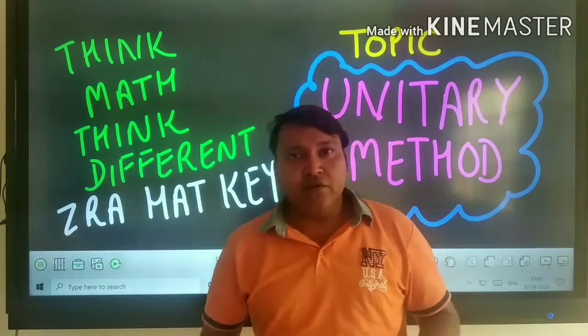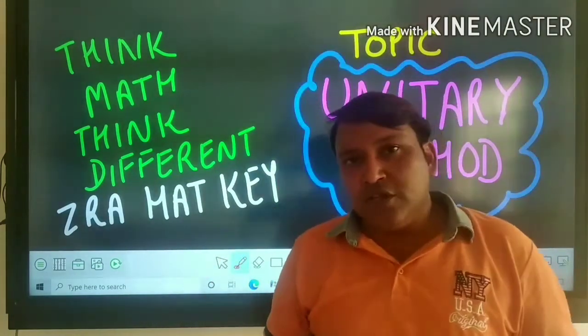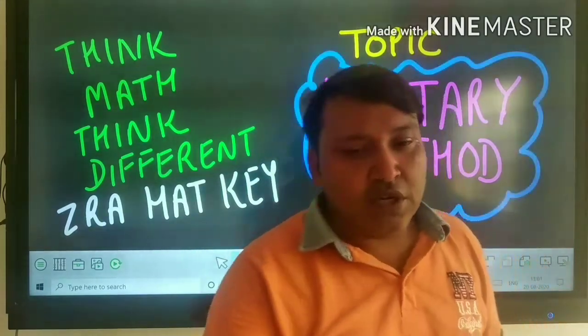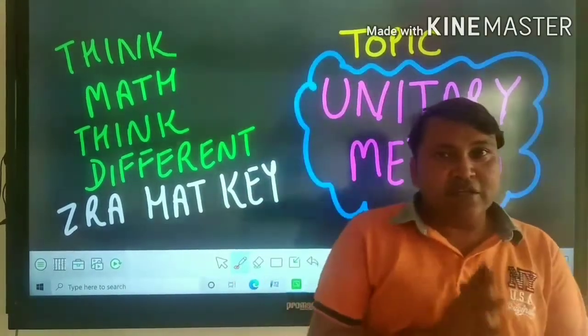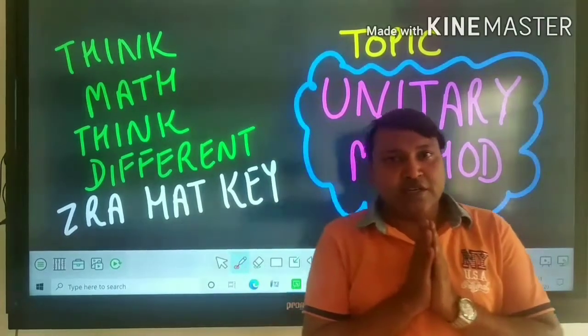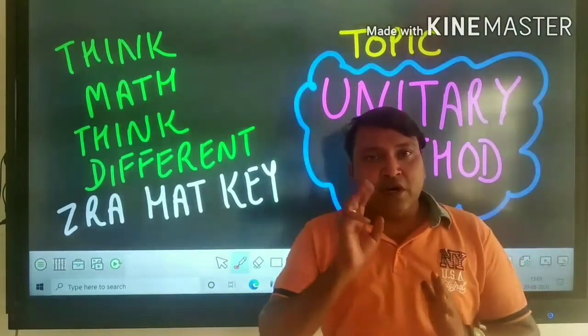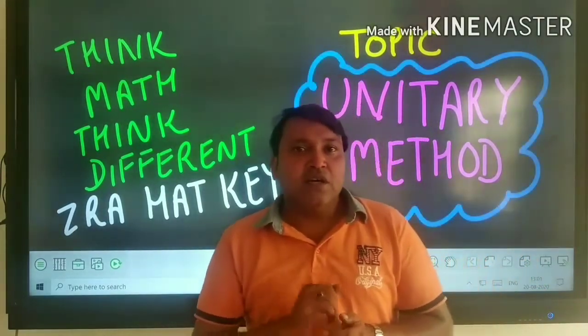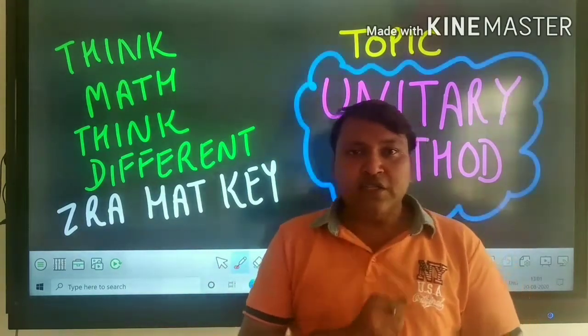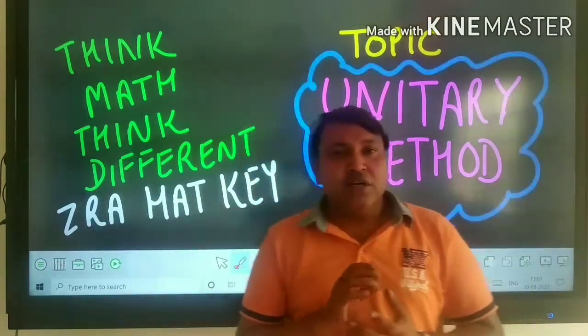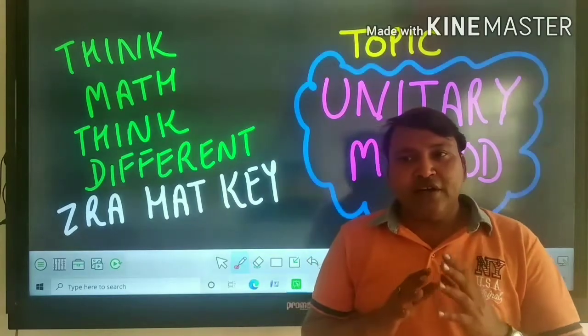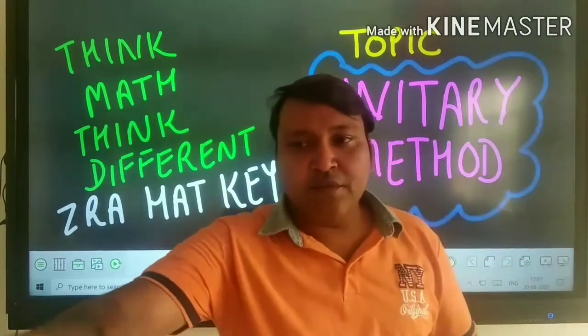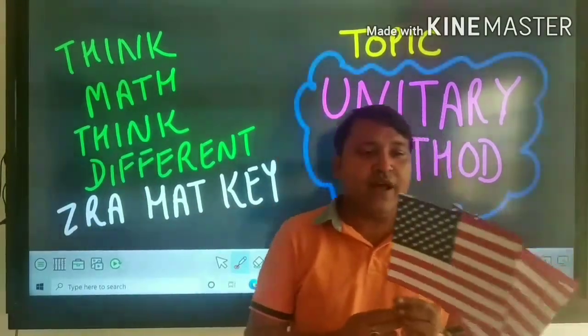Now let me introduce this method to you students through an example. This method has three parts. The first part is called the given part, where, for example, I take some flags. Okay, there are 4 flags.